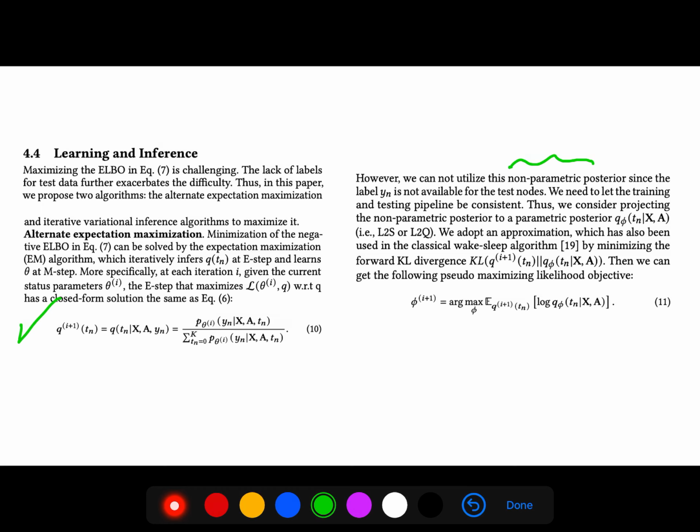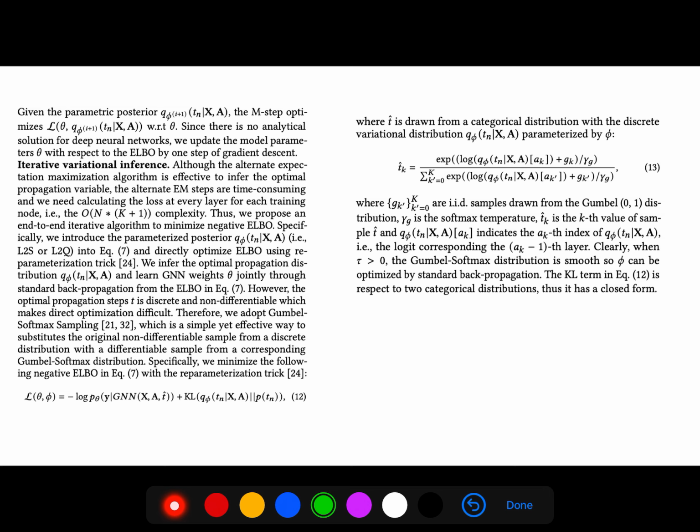We adopt an approximation which has also been used in the classic wake-sleep algorithm by minimizing the forward KL divergence. Then we can get the following pseudo-maximizing likelihood. So we minimize the following negative ELBO with the reparametrization trick. Now this T hat is drawn from a categorical distribution with a discrete variational distribution.